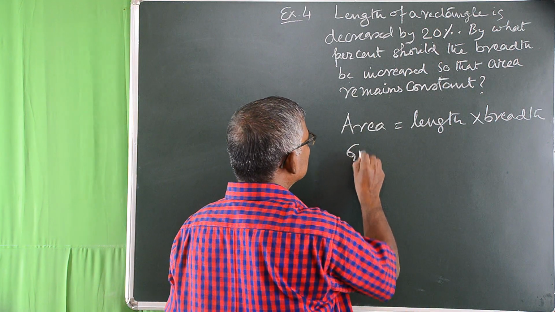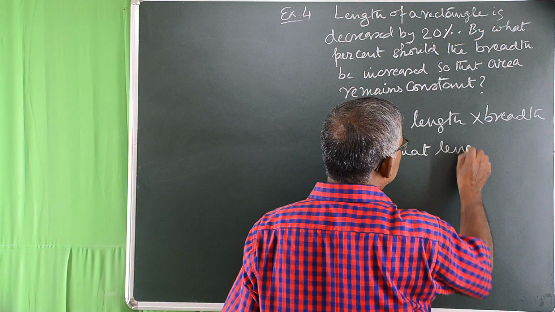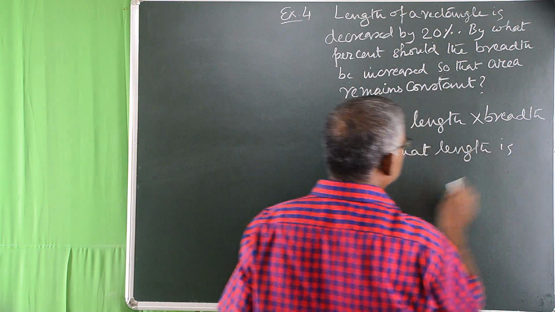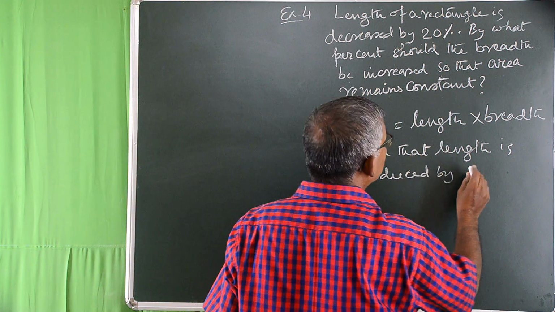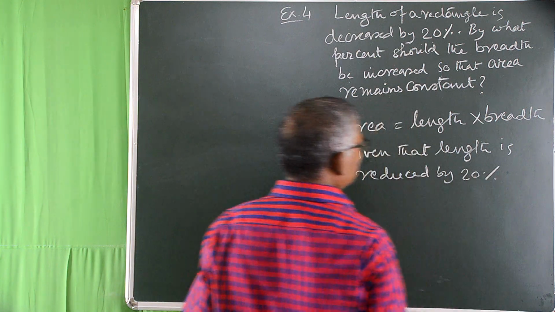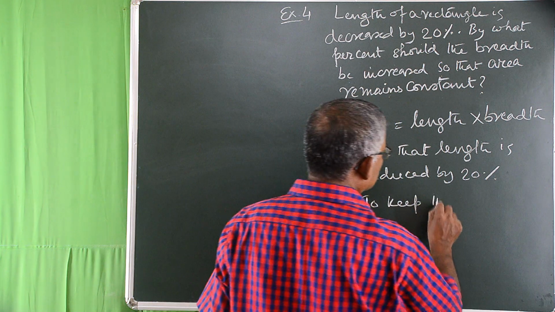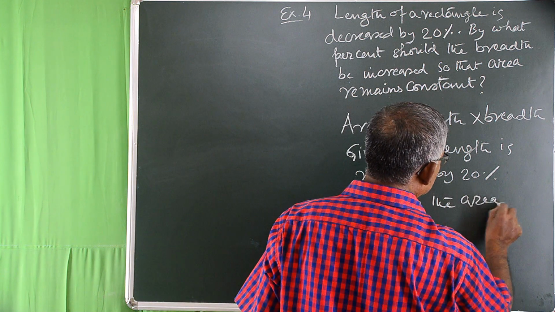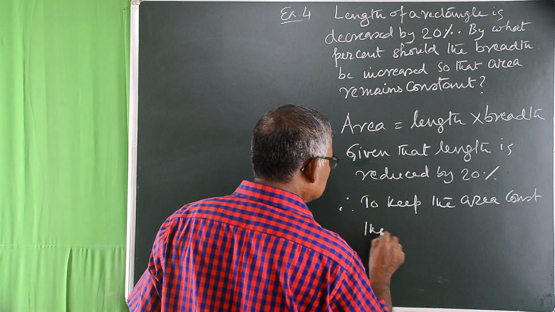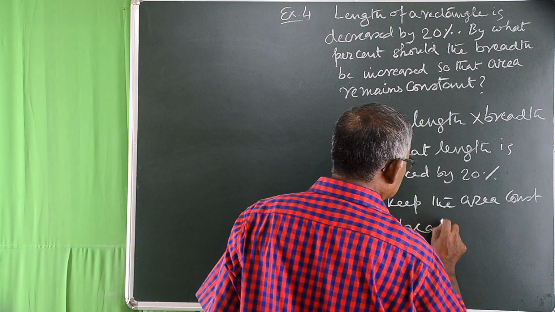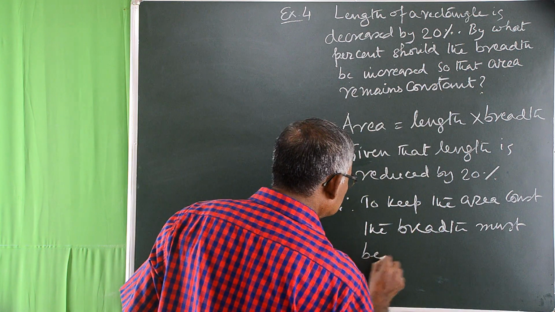Given that length is reduced by 20%. Therefore, to keep the area constant, the breadth must be increased.